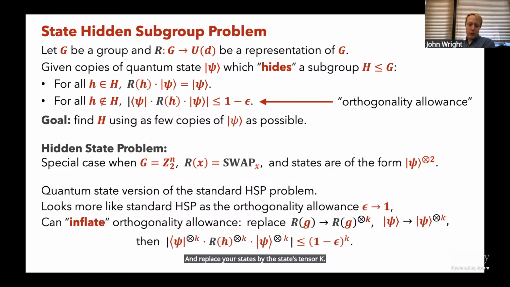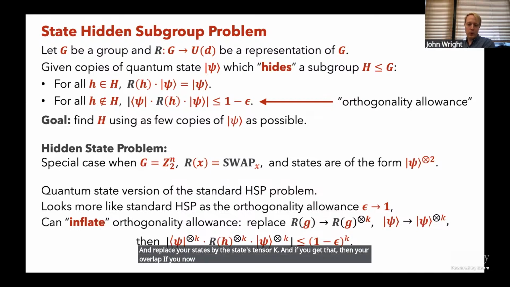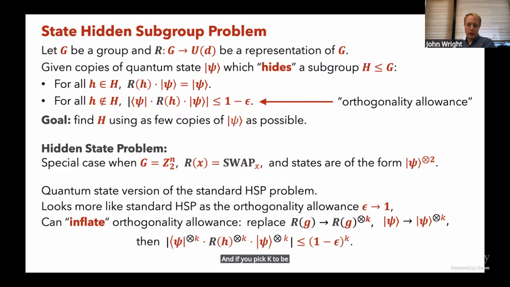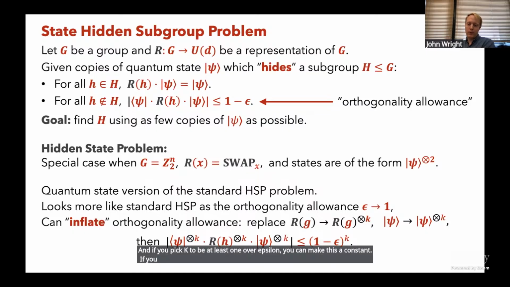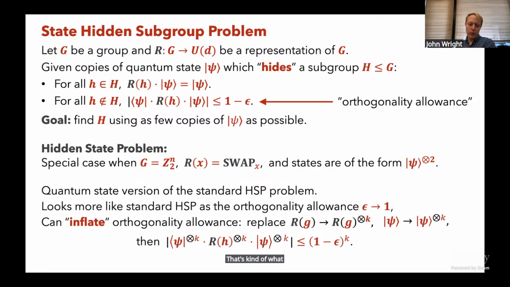And if you do that, then your overlap, if you now tensor everything k times, used to be 1 minus epsilon, and now it's 1 minus epsilon to the k. And if you pick k to be at least 1 over epsilon, then you can make this a constant. If you pick k to be much bigger than 1 over epsilon, you can make this very small. That's one thing that's going on in our algorithm when we amplify things.